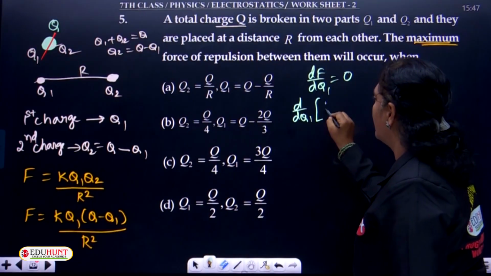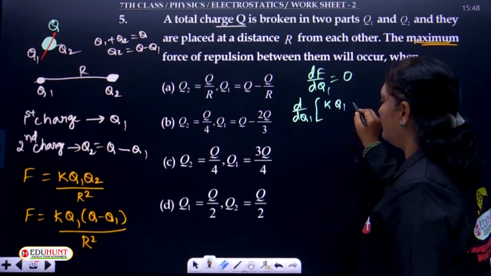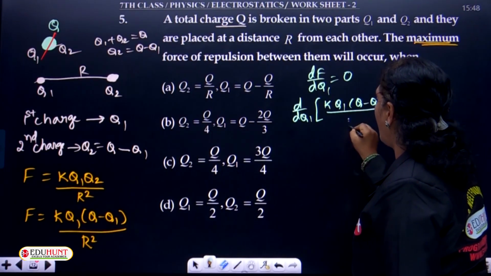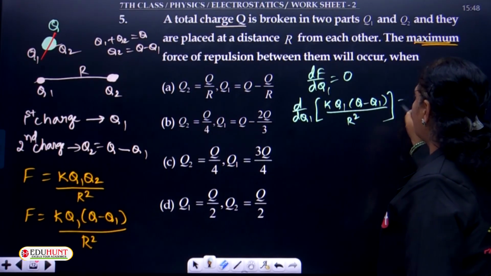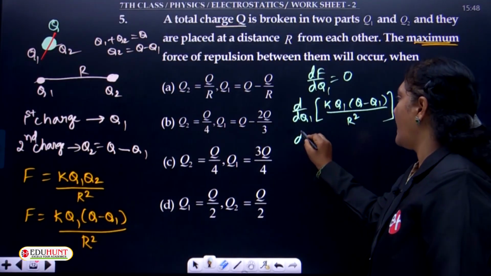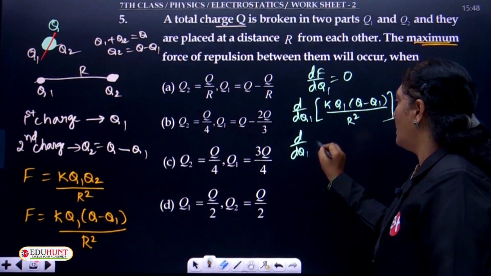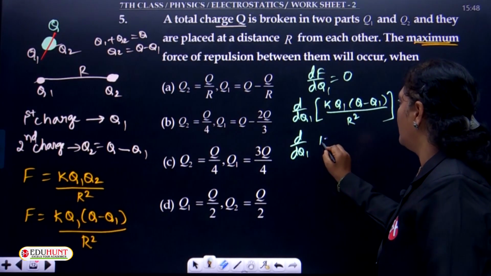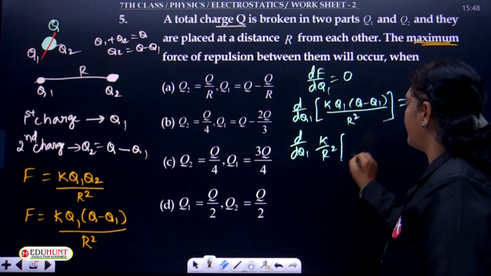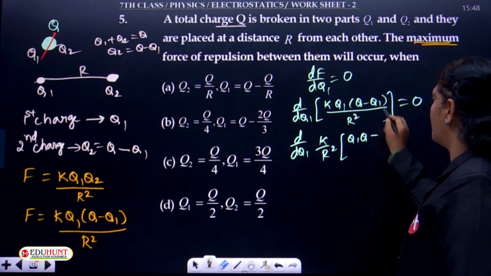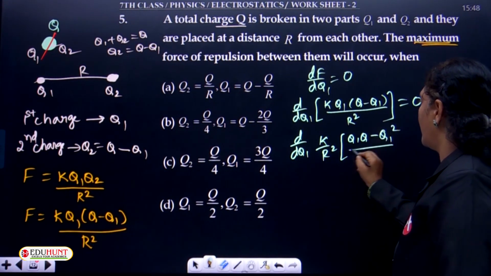Formula for force is K Q1 times Q minus Q1 upon R square, and this must be equated to 0. So multiplying this, K by R square can be taken common, times Q1 into Q is Q1Q, minus Q1 into Q1 is Q1 square.